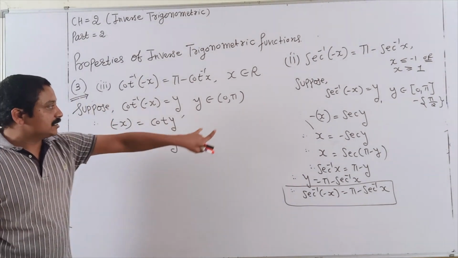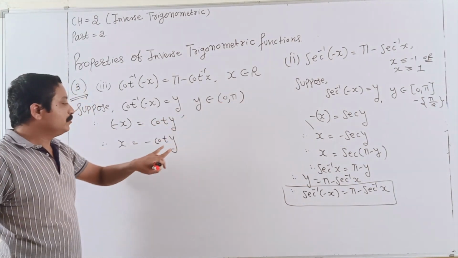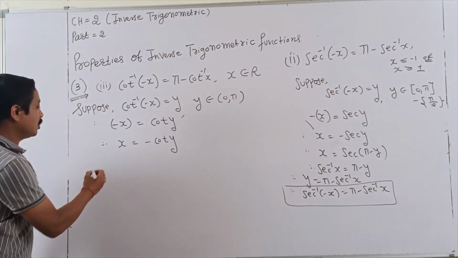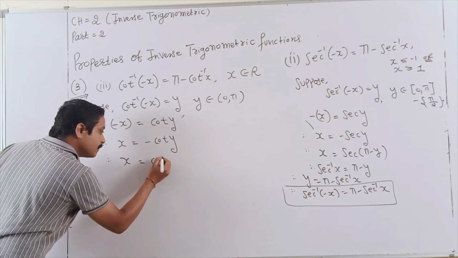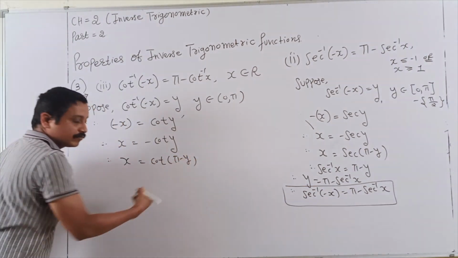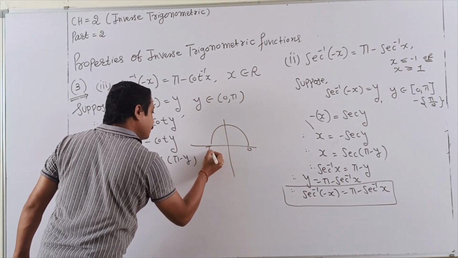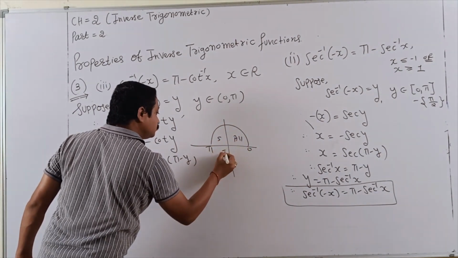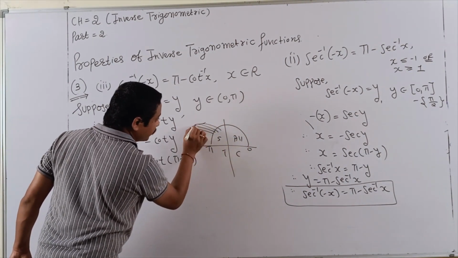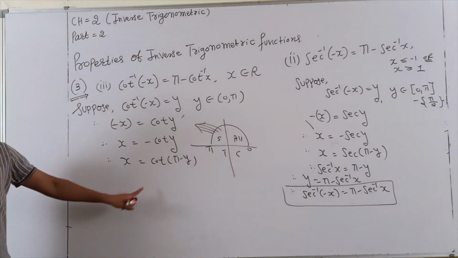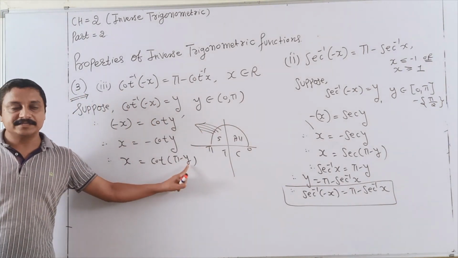Now students, in this range 0 to pi, meaning the first and second quadrants, cot is negative, especially in pi minus y. Show the drawing 0 to pi. Always we see here that cot is negative. That's why I show pi minus our given angle.